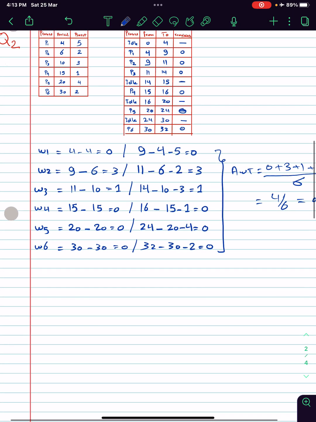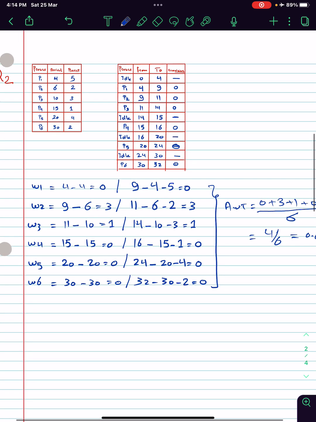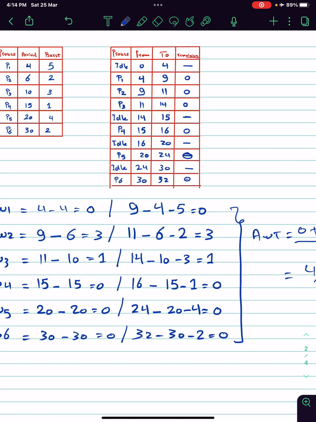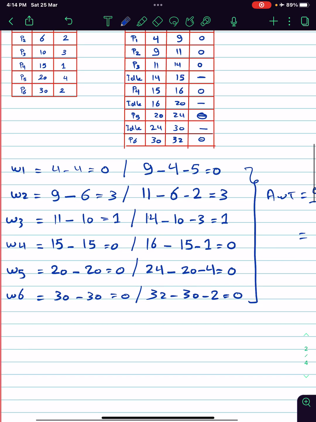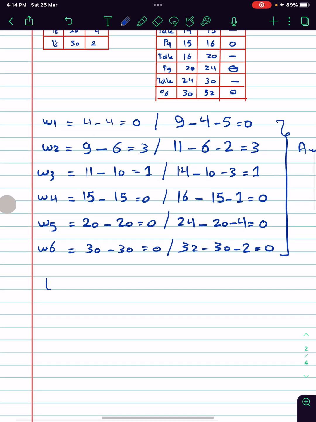You can also calculate the turnaround time, which is the finish minus the arrival. And then let's calculate the throughput. So the throughput, we have here 6 processes divided by the total time, which is 32.